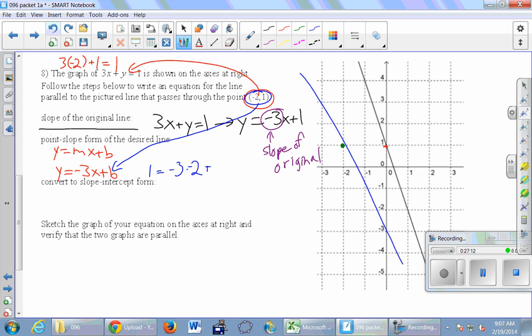Plus, how much is the b? It is unknown at this moment. It's really tempting to put a 1 there. The y-intercept of the original line has nothing to do with the y-intercept that we're after. So we don't get to plug it in.